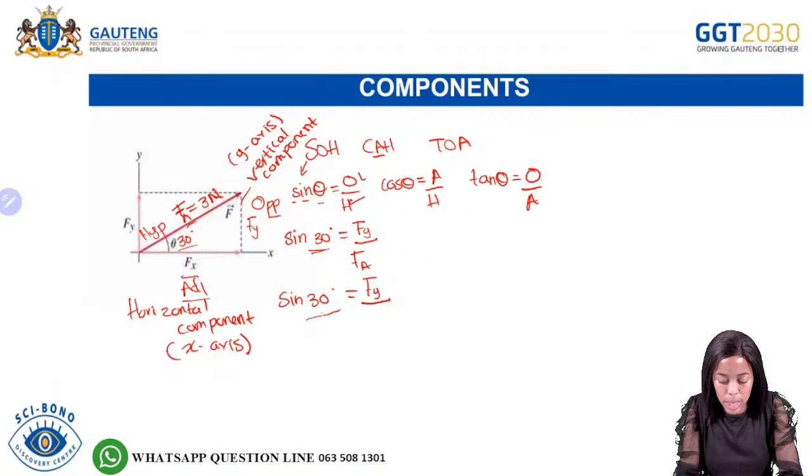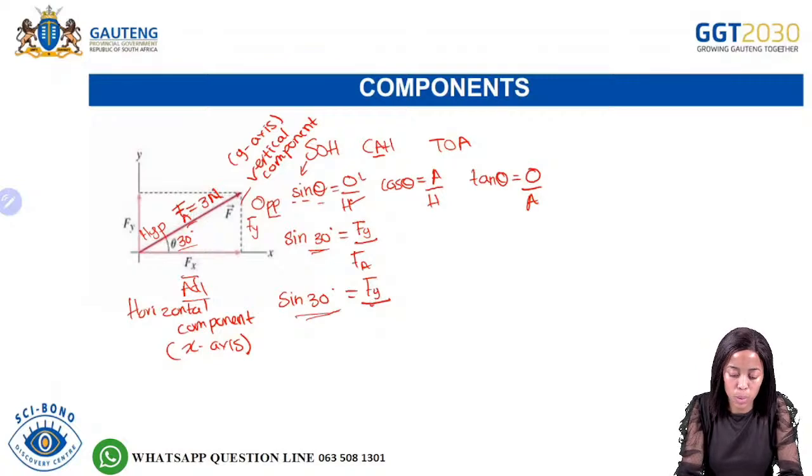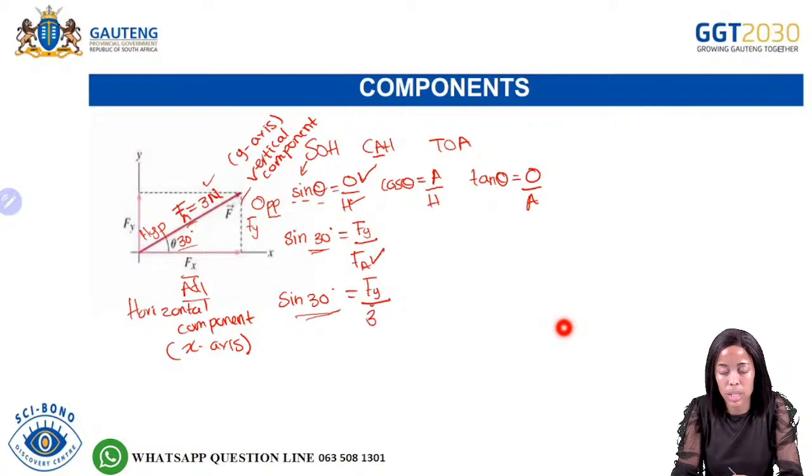So we have sine 30 degrees is equal to Fy, which is coming from the opposite side, divided by Fa, and Fa is given as 3 Newton. So we substitute the 3 Newton there.